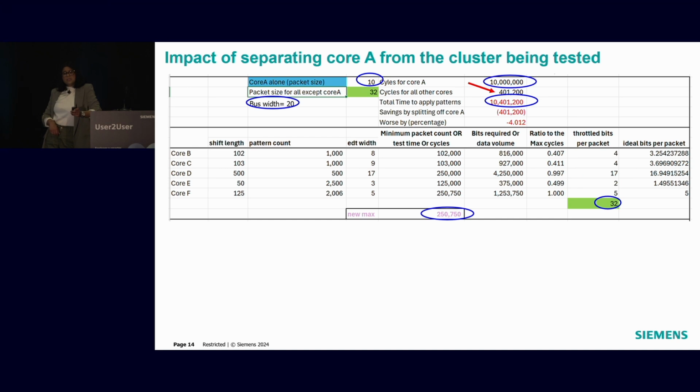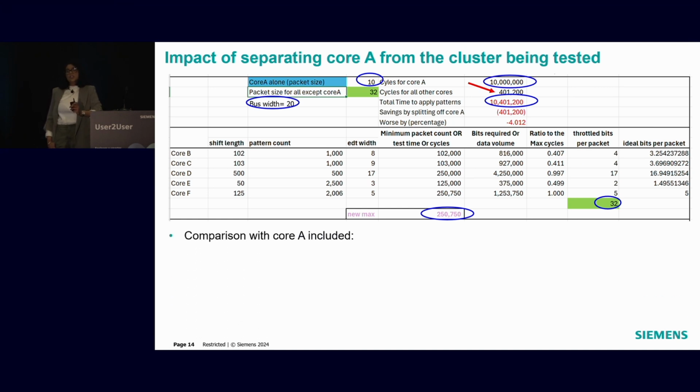With the new max reducing, you are still using the same multiplier, your bus width by your packet size, but the factor that gets multiplied by it, the new max cycles, I have reduced. Now the cycles required for testing all the cores is 400K, and the cycles required for testing core A were 10 million cycles. If you add these up, I am looking at 10.4 million cycles.